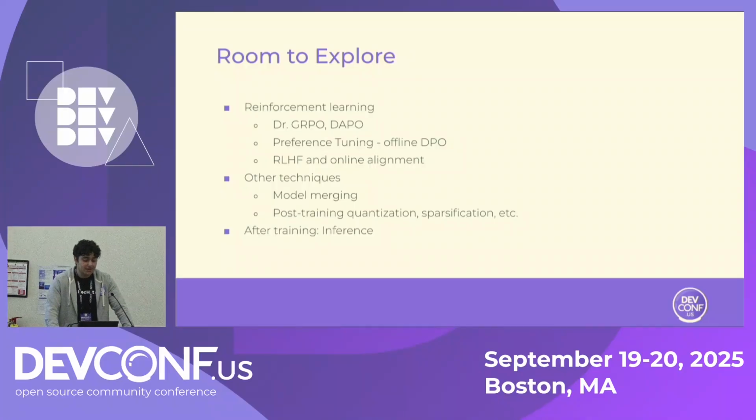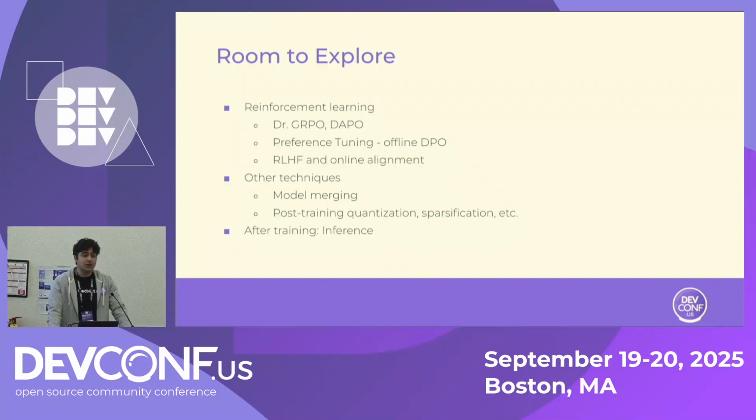There are other techniques in the post-training world that are very interesting today. Model merging is a very new topic that people have been exploring a lot recently, where you might fine-tune a model, take the original base model or a second fine-tuned model on a different task, and merge them all together to try to retain performance while adding a variety of new tasks.